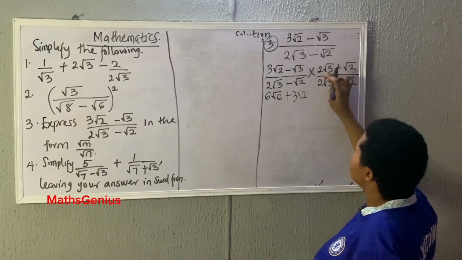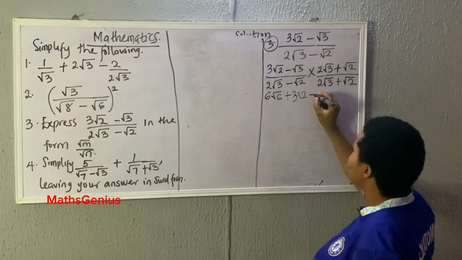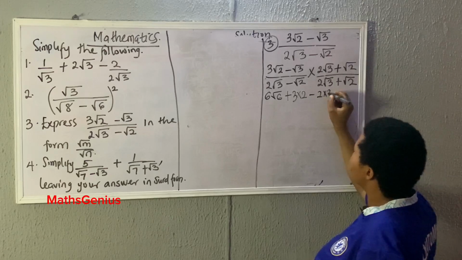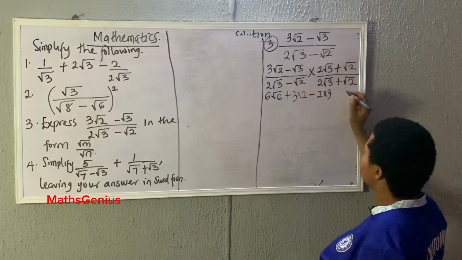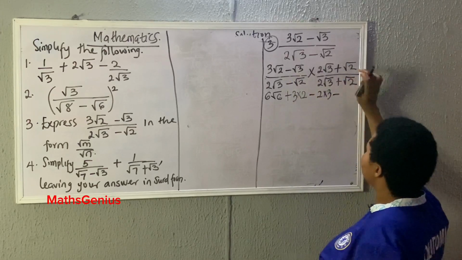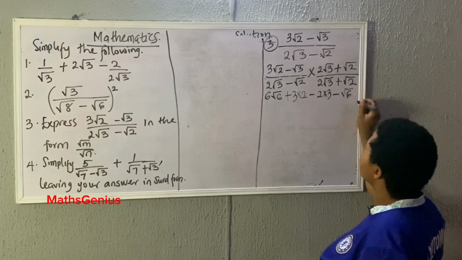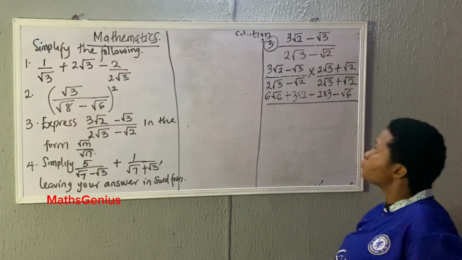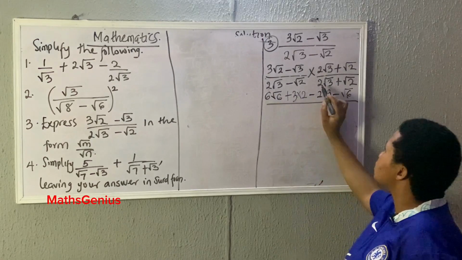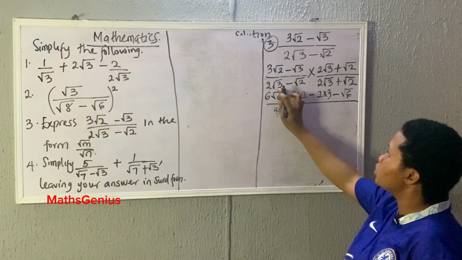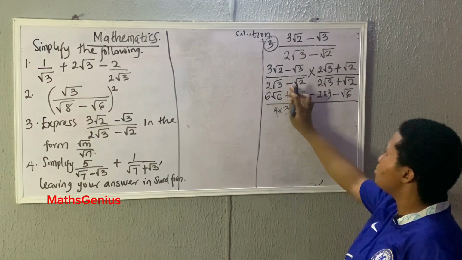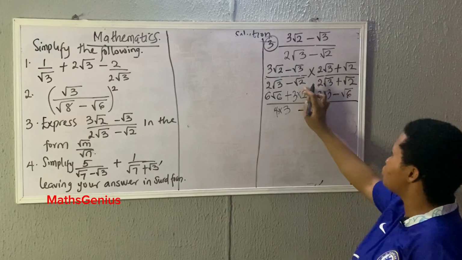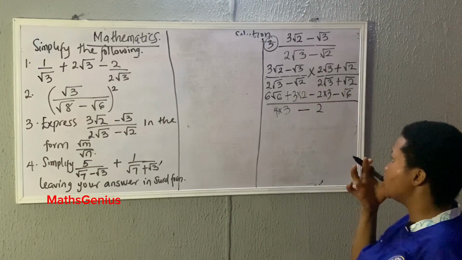Minus root 3 times 2 root 3 will give us minus 2 times 3. Minus times plus is minus. Root 3 times root 2 is root 6, over 2 times 2, which is 4. Root 3 times root 3 is 3. Minus times plus is minus. Root 2 times root 2 is 2.